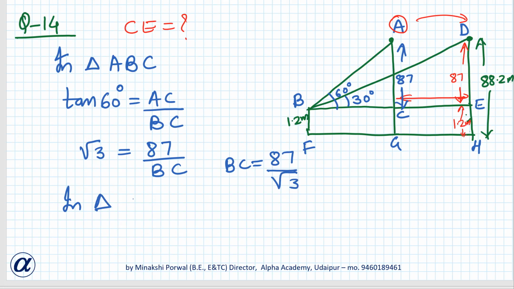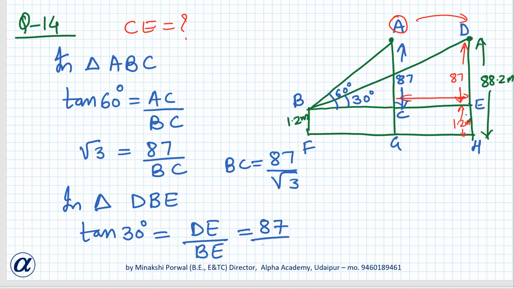In triangle DBE, again tan, because perpendicular we know and base we have to find. So tan 30 degrees equals perpendicular upon base. Perpendicular is 87 and base is unknown. Tan 30 is 1 by root 3, that is 87 upon BE, or BE is 87 root 3.